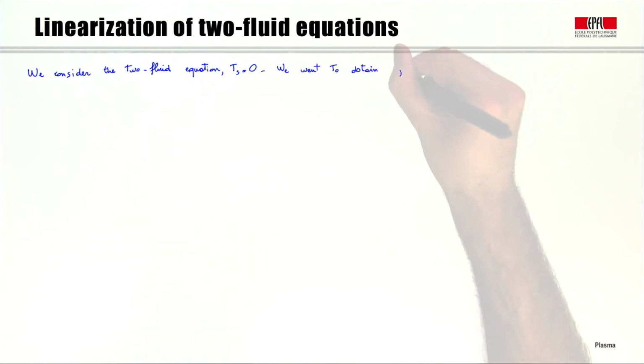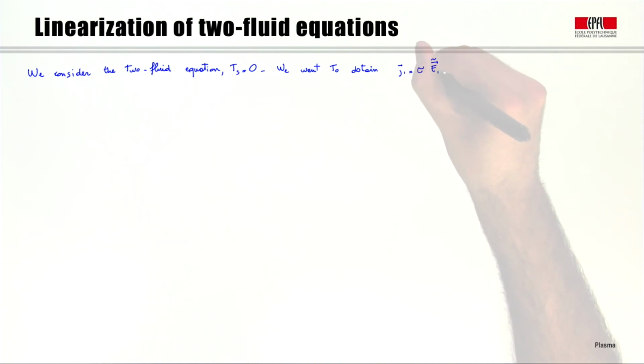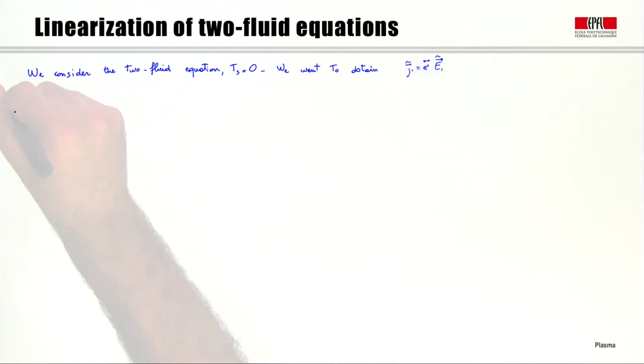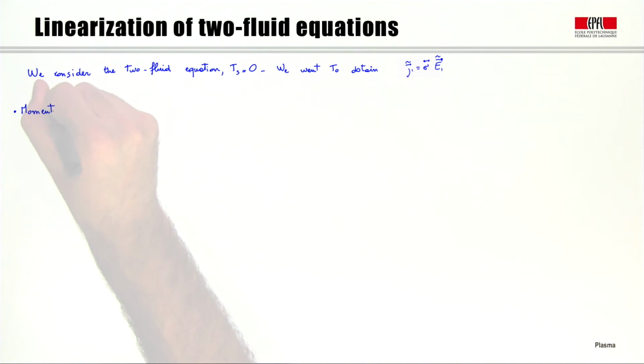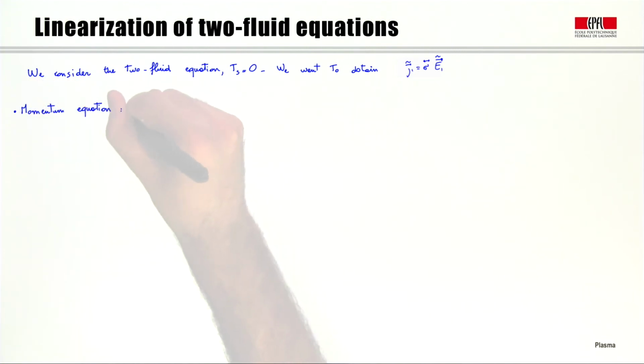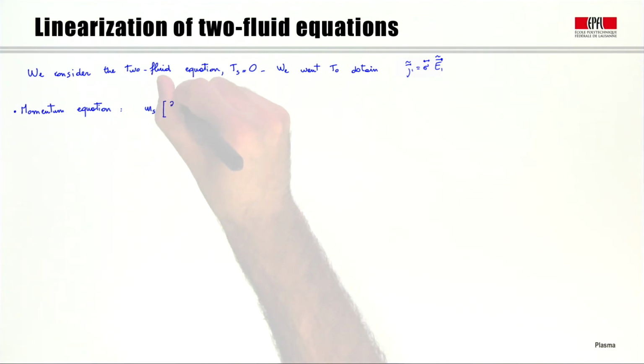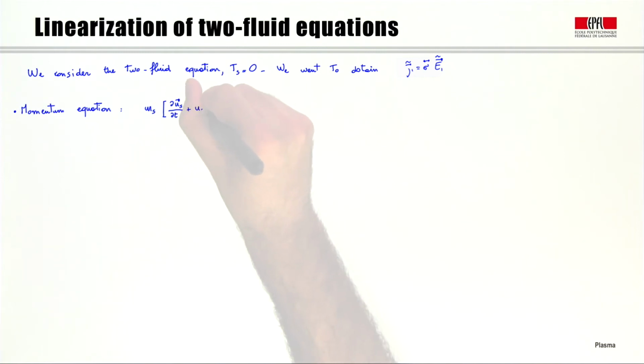We expect that this relation will be a linear relation that will pass through sigma, the conductivity, that in general can be a tensor. We start from the momentum equation: the mass of the species s times the convective derivative of u has to be equal to the electric force plus the Lorentz force.